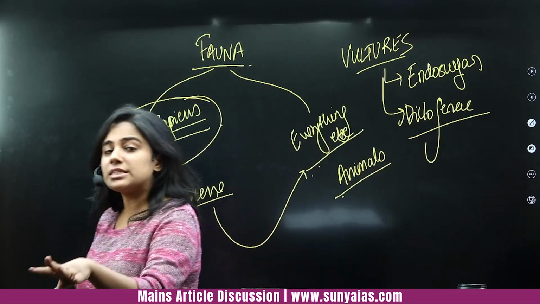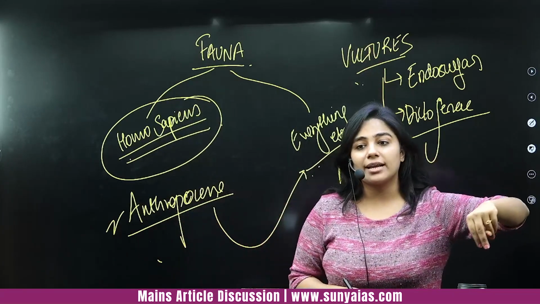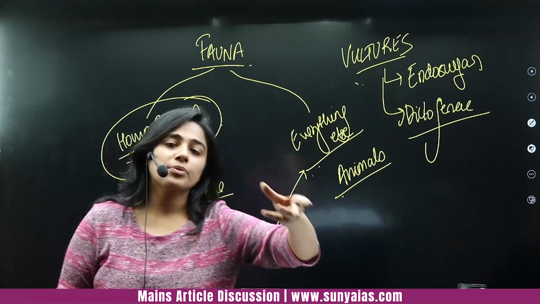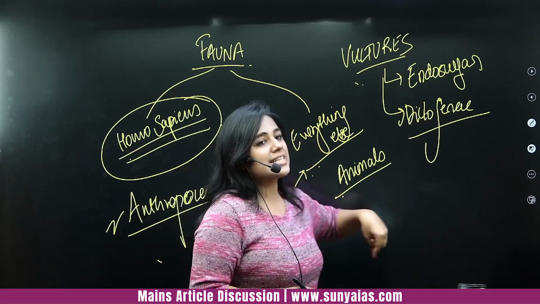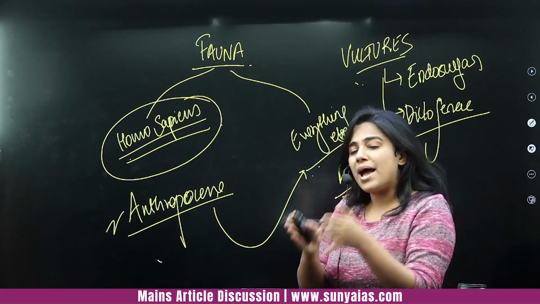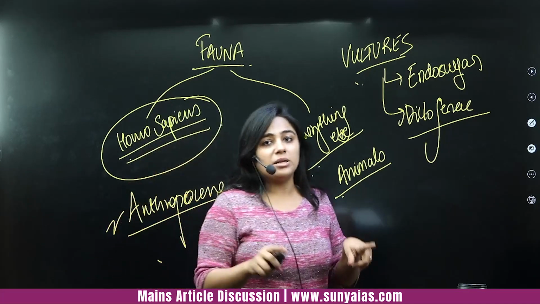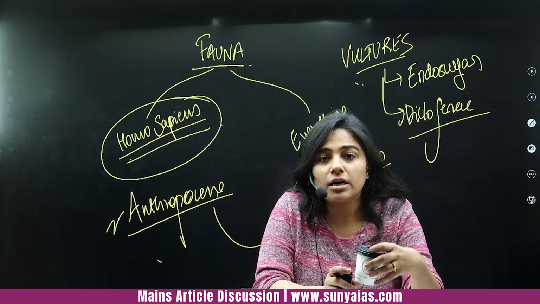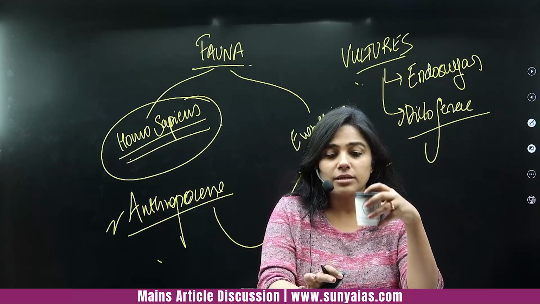And when vultures die, they are not able to eat the dead carcasses, and the dead carcasses then lead to diseases for human beings. So everything is a cycle, and One Health says that you cannot manage human health without managing the entire animal kingdom and the ecosystem. You have to maintain the balance of this entire ecosystem. That is One Health.